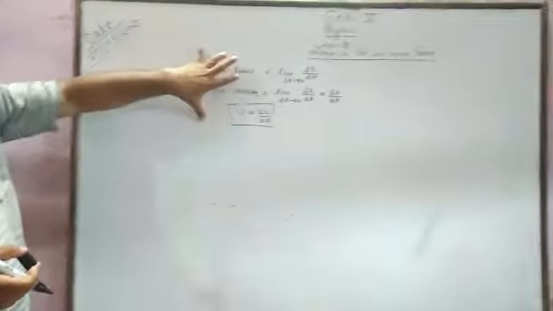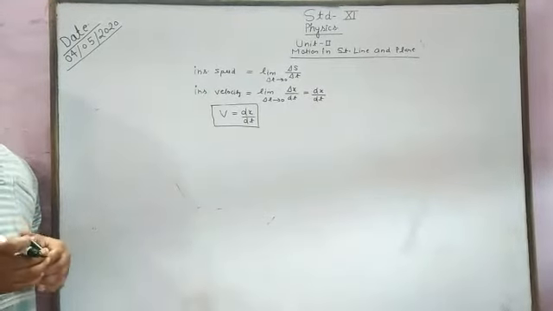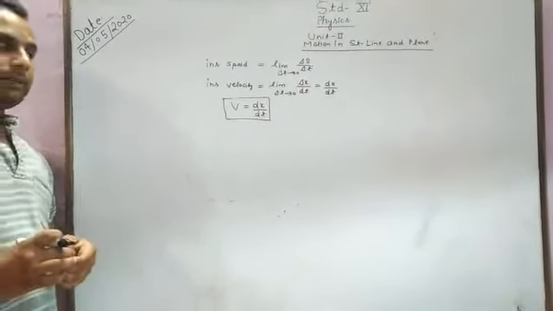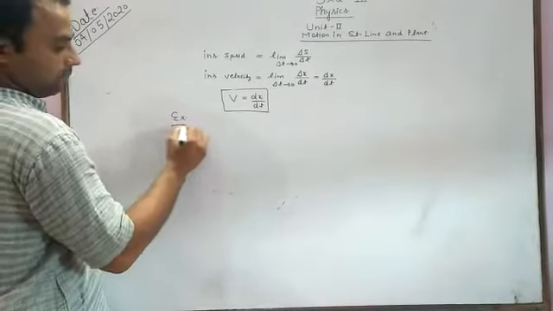There are various types of numericals related to average speed and instantaneous speed. Now, question number 1.